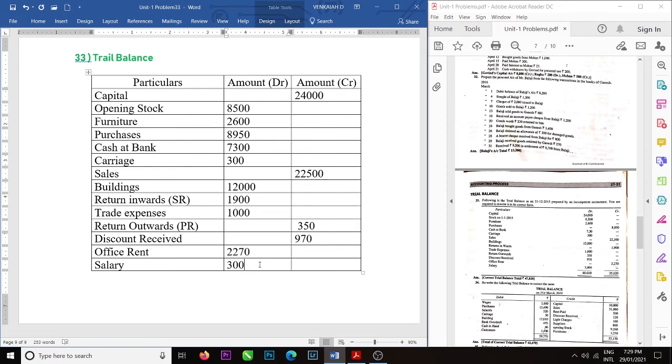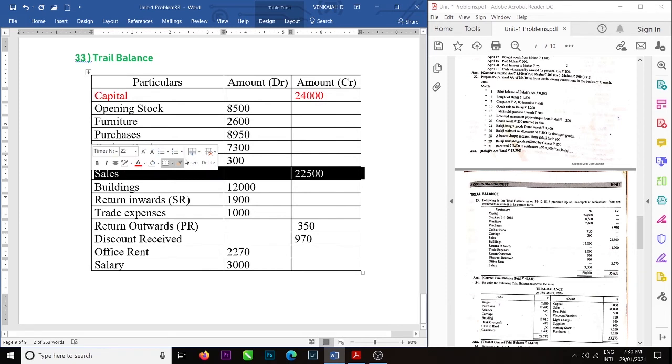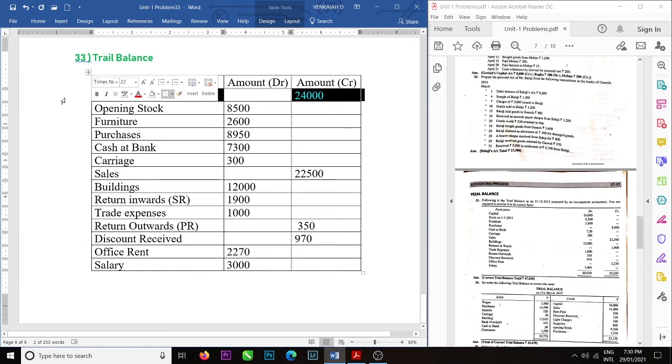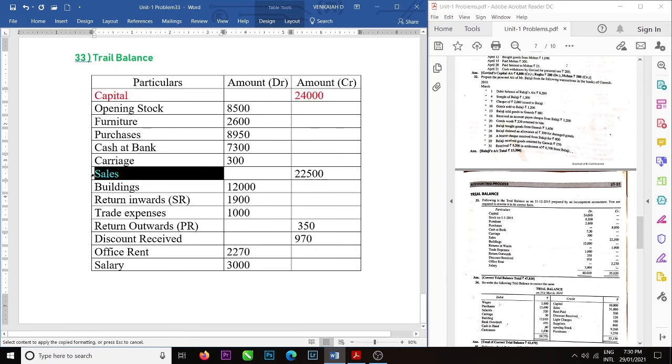So we followed the method: debit all expenses, losses and assets; credit all incomes and gains. Understand this.